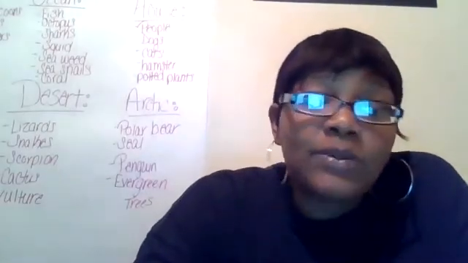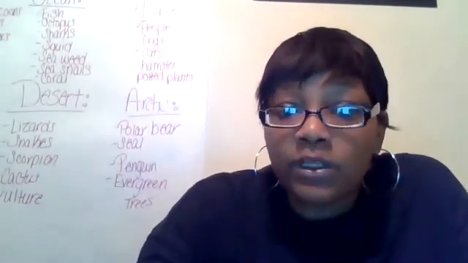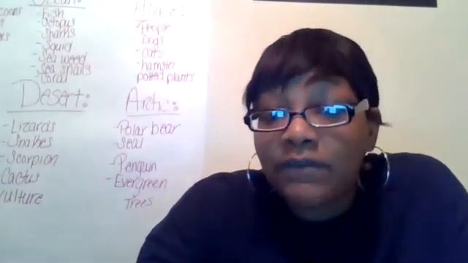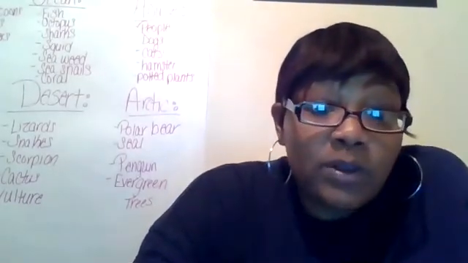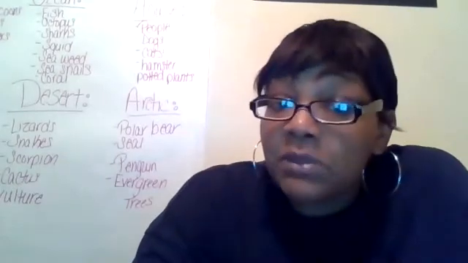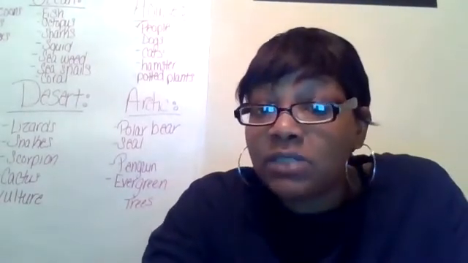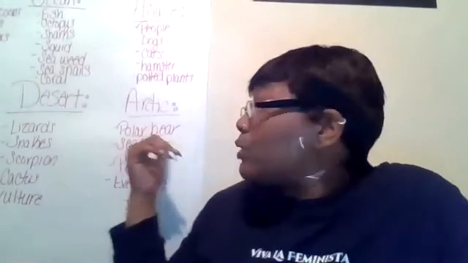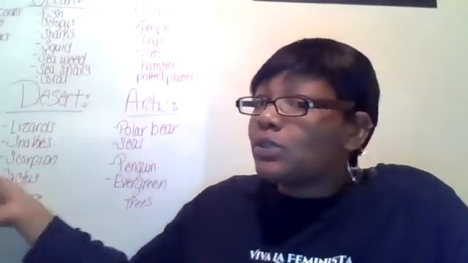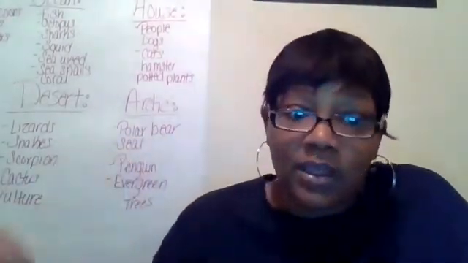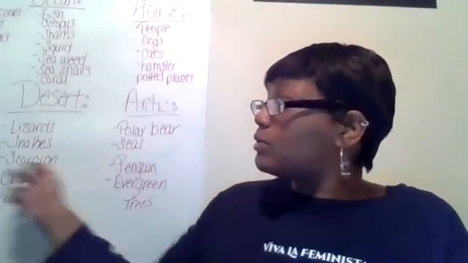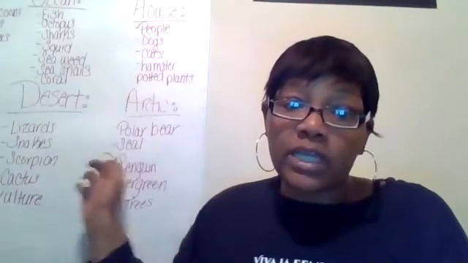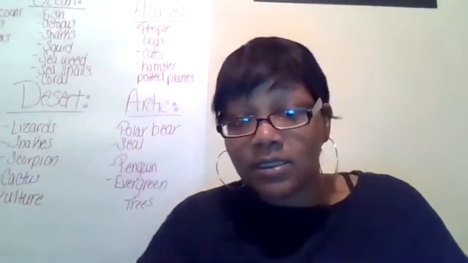That is why a habitat is such an important system for a living thing, because they have to have their needs met in order to survive. Can they go about living in another habitat? Only if that habitat can meet their needs. Like we said, the polar bear cannot move to the desert because they cannot have their needs met there. So these animals up here are in what would be their natural habitat.